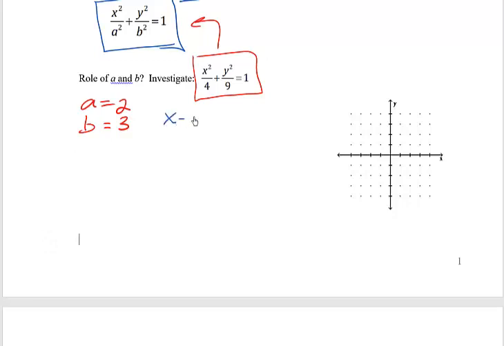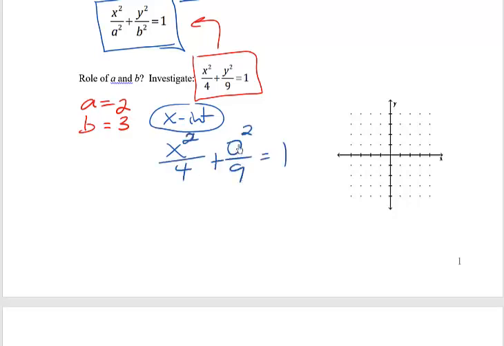We've been finding intercepts the same way the whole semester long. I'll start with the x-intercepts. I always find x-intercepts by setting the y value equal to 0. So I'll go ahead and do that. The y has been replaced with a 0. That makes this pretty easy to solve because 0 squared is just 0, and 0 divided by 9 is just 0, which means this whole part isn't doing anything. I'm left with just x squared over 4 equals 1. I should clear the fractions by multiplying each side by 4.